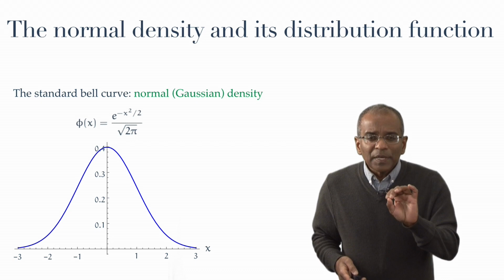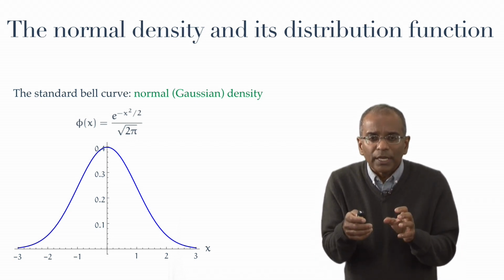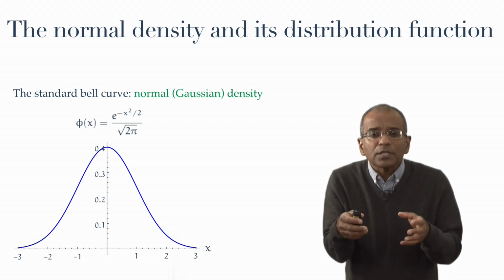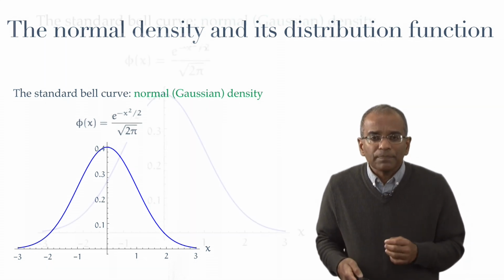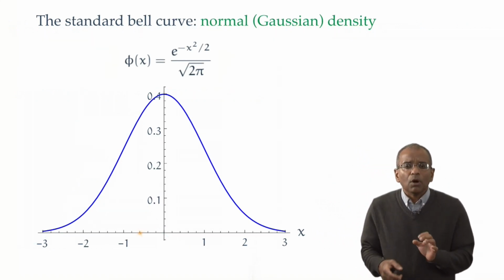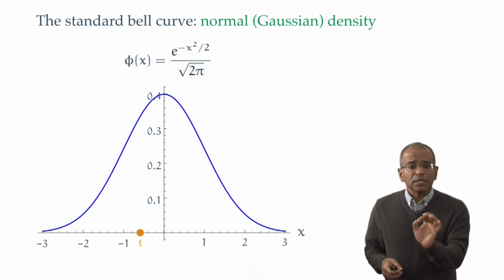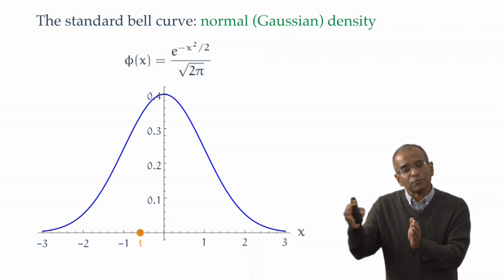It will be useful to get some nomenclature, some terminology under our belts up front before we go into the details. So accordingly, pick any point t on the x-axis. Our objective is to characterize the area under the bell curve to the left of t.